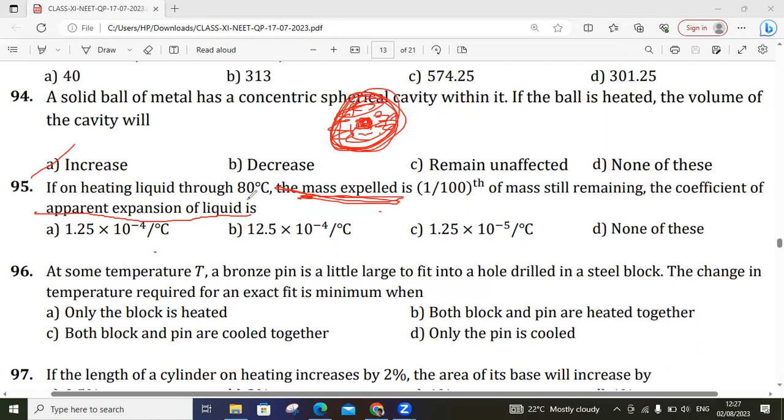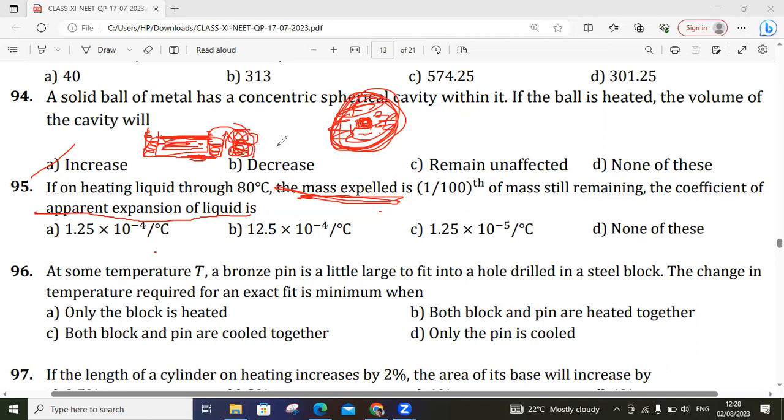Because for the expansion of the vessel, suppose this is a vessel and this is water. So when you heat, water has actually expanded more, because the beaker has also expanded, right? So water has expanded this much plus how much has spilled out, correct? But it appears to us that only this much is the expanded part because we fail to see the expansion of the container.